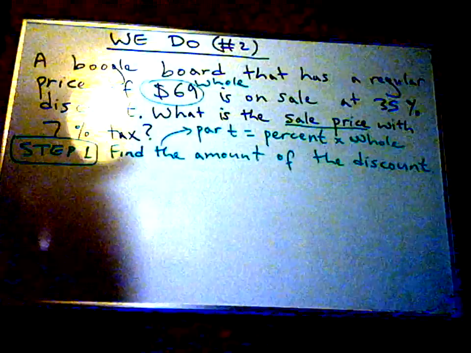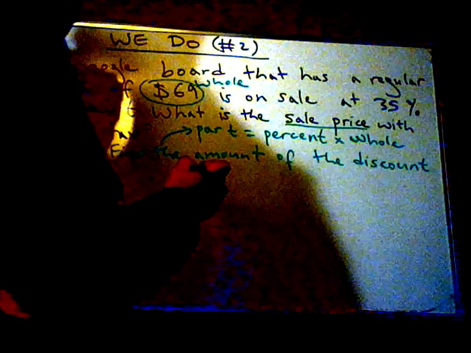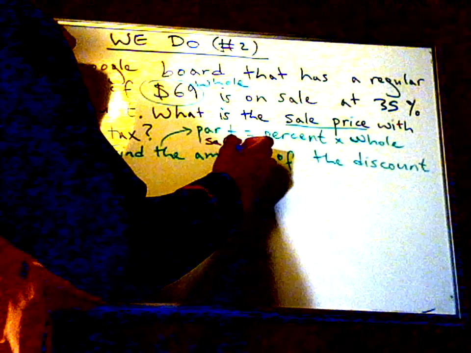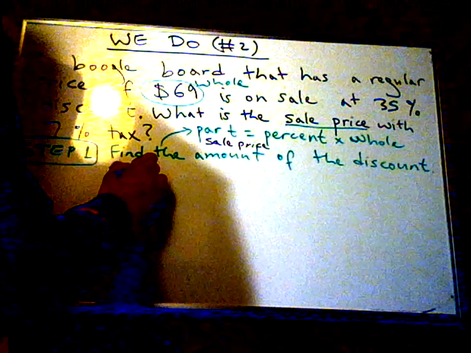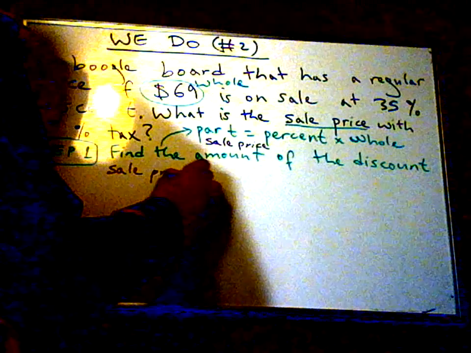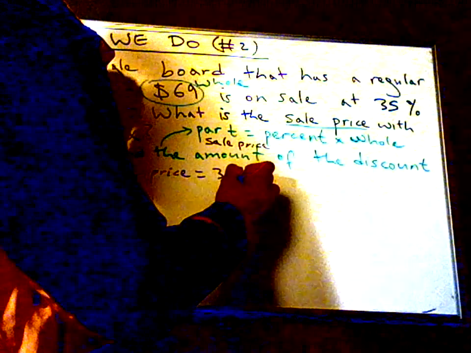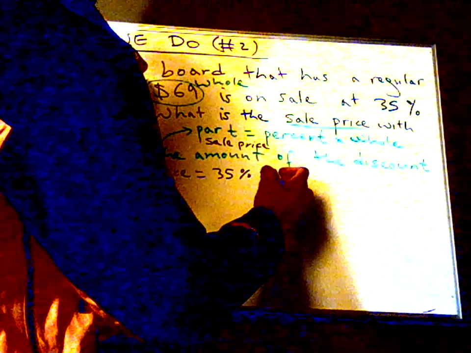So the part is the sale price. So therefore the sale price will be equal to percent, which is 35% times $69.